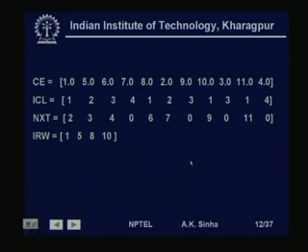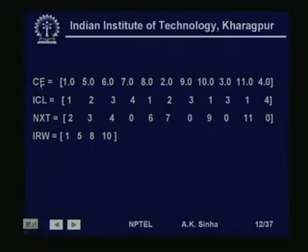Now, how do we store this matrix as a linked list? Let us see what we do. We create 4 arrays. One we call as CE, the compact storage elements. This array is a single dimension array and contains all the non-zero elements of the matrix as stored in a serial order as they are in the rows.